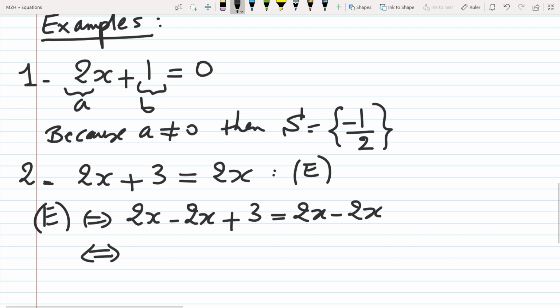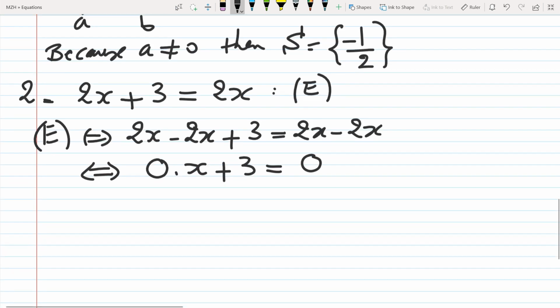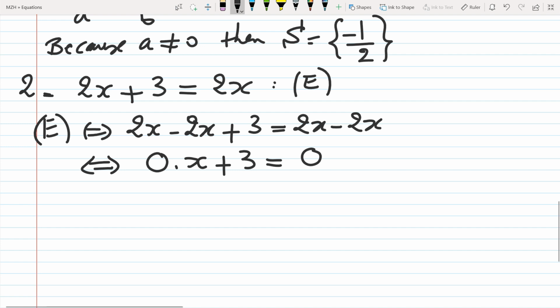And as you can see, this right hand side is 0. So I can write it right away, and we leave the 3. And this is of the general form, as you can see, 0 times x plus 3 is equal to 0. So we go back to our second case, where now a is equal to 0 and b is equal to 3.